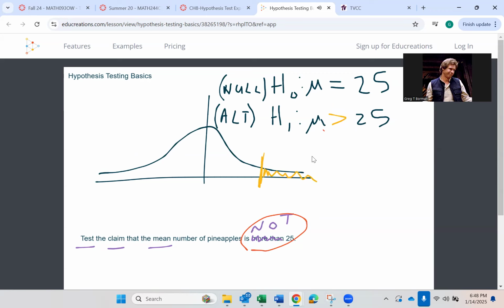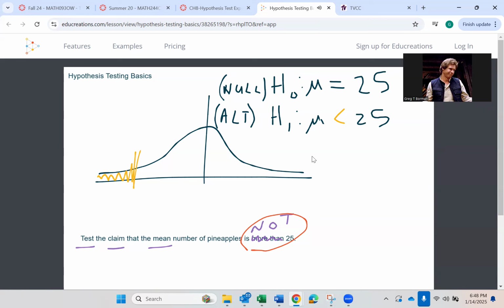Then we have a one-tailed situation, more specifically a right-tailed situation. Now, what if we have something like less than? Less than means we have a left-tailed situation. If you're a little confused about what the tails mean, that's fine, because I have not yet explained it.